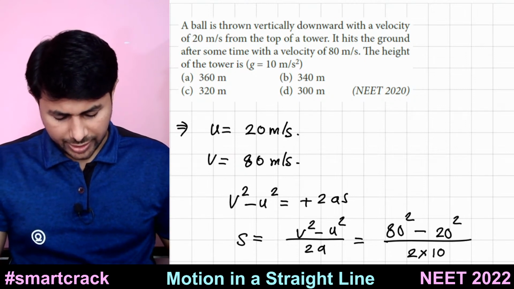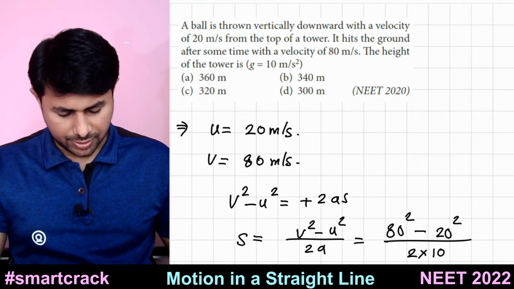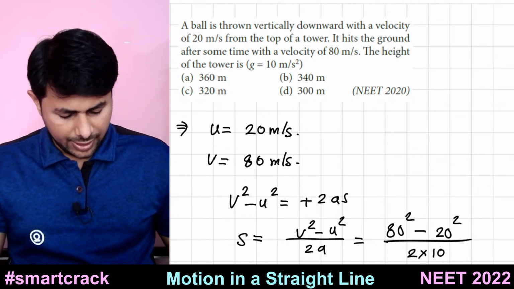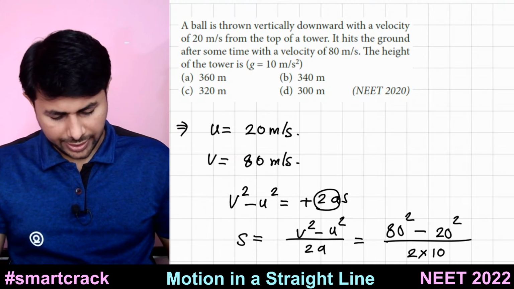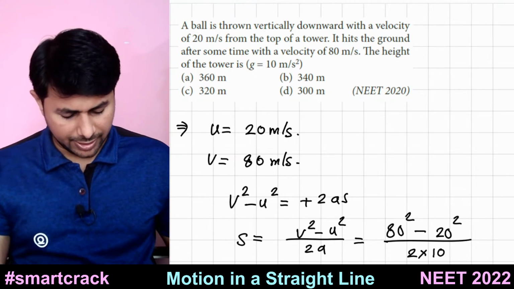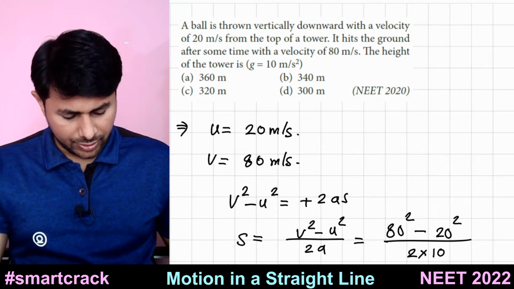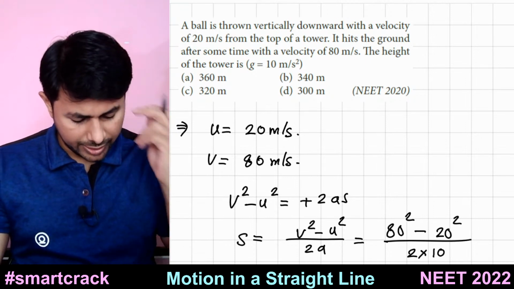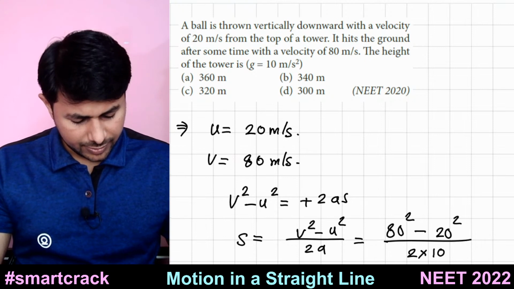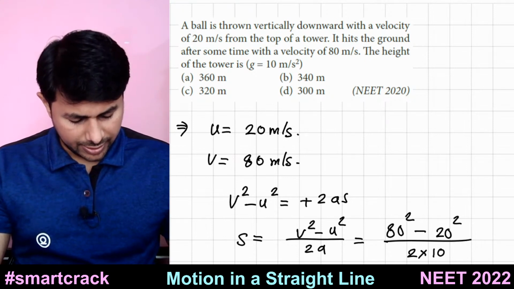So we have v square minus u square equals to 2 times a into s. S is equal to, if we take 2a on the other side, v square minus u square upon 2a. That's correct. So in numerator we have 80 square minus 20 square.